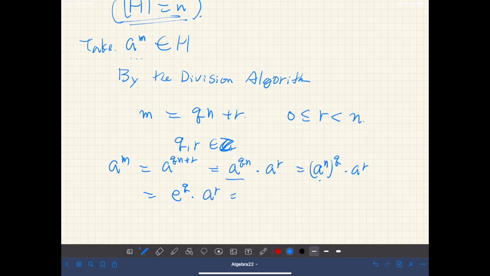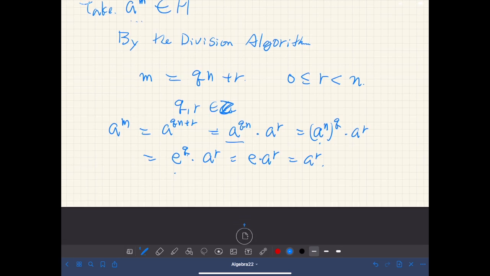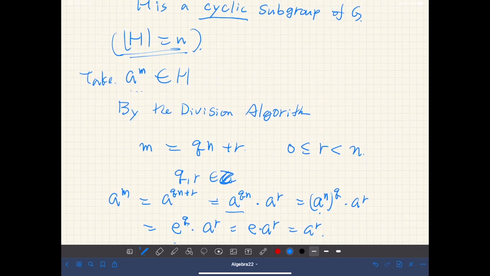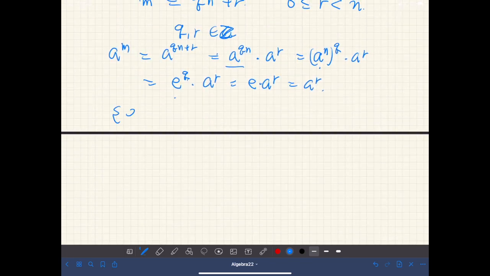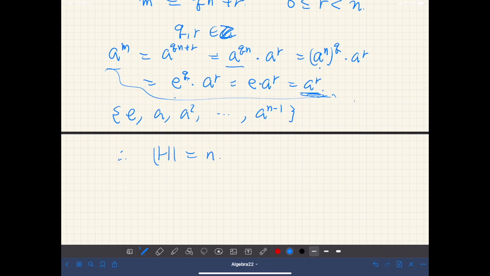But if you take the power of the identity element, it's still the identity element. So after all, the elements of H can be reduced to one of these elements by this transformation. So therefore, the order of H is n.